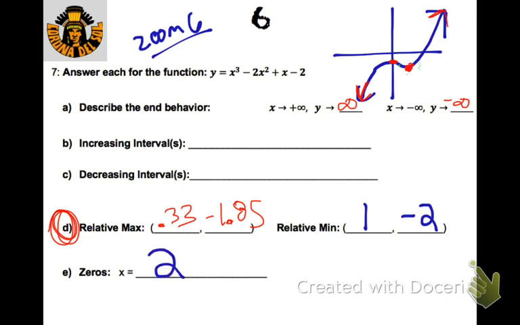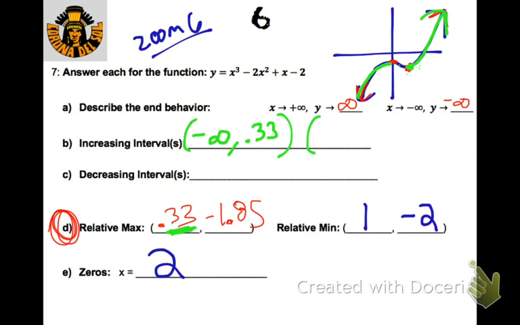And then as far as the increasing and decreasing, it's increasing this whole time until it gets to that maximum. So it's increasing all the way from -infinity until it gets to this x coordinate of the maximum, 0.33. And then it starts increasing again when it gets to the x coordinate of the minimum.